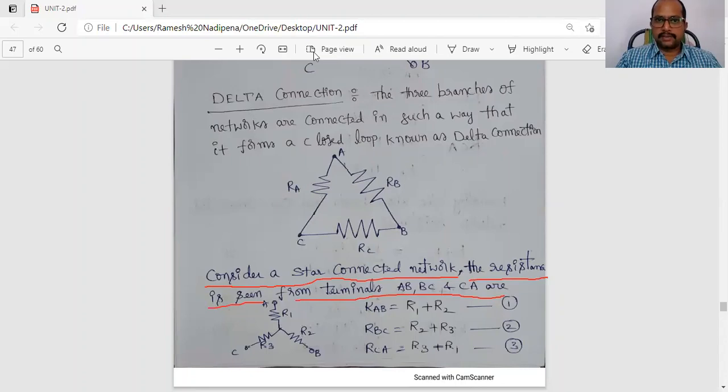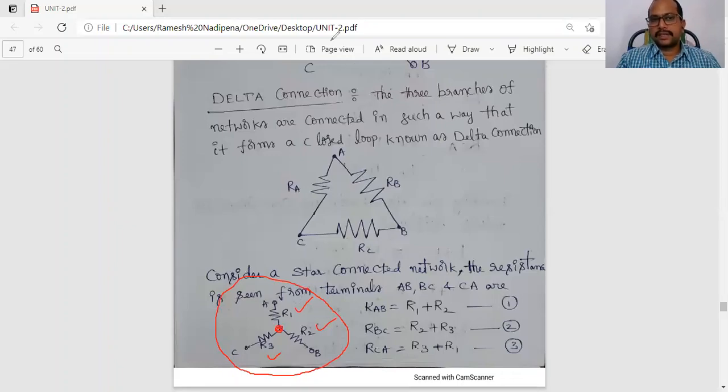This is the star connected network we just discussed. The first branch is R1, the second branch R2, the third branch R3. What is the star connected network definition? The terminals of these branches are connected to a common point. This is the common point. That is a star connected network.